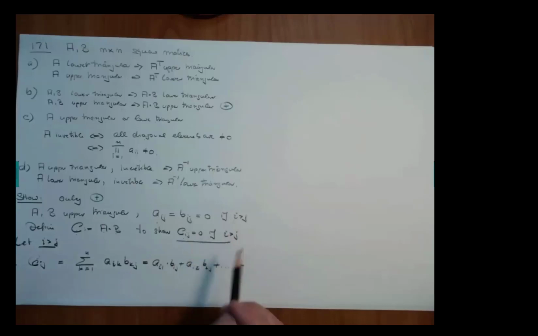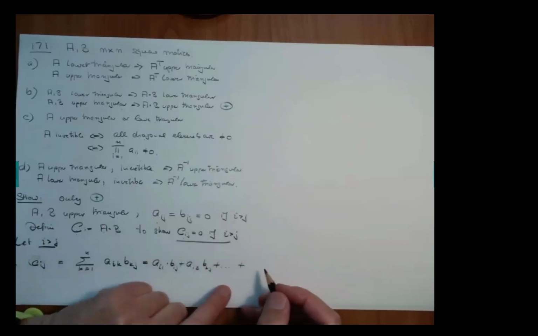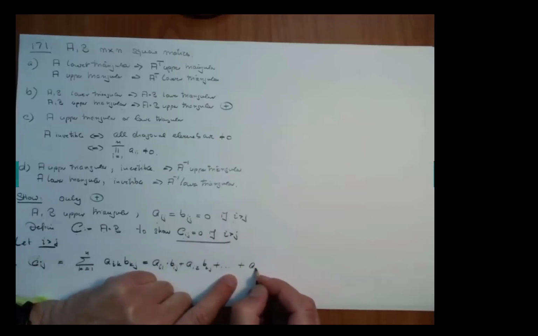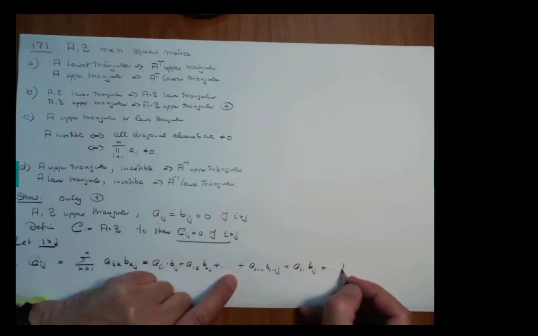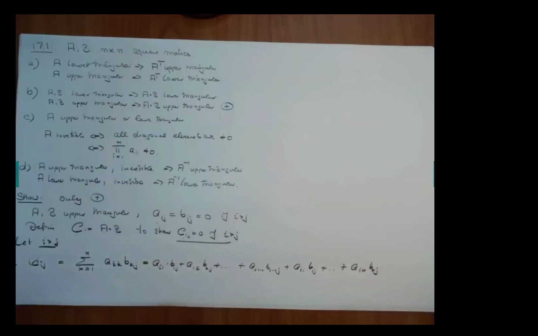So I stop in my formula with dot, dot, dot, but at the diagonal I look more closely, which means I write a few more terms. So here is now a_i,i-1 b_i-1,j, plus a_ii b_ij, plus dot, dot, dot, and the last one would be a_in b_nj.